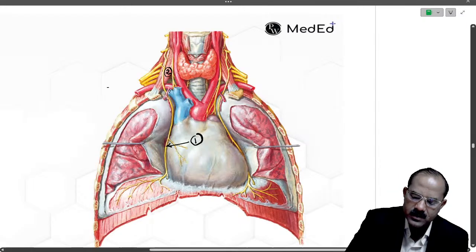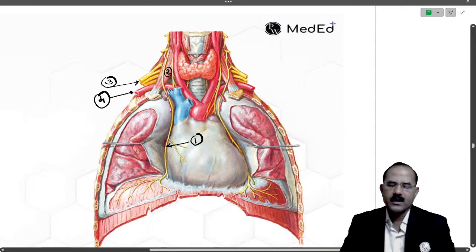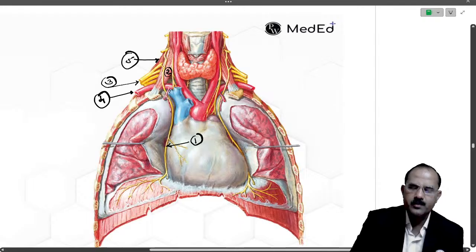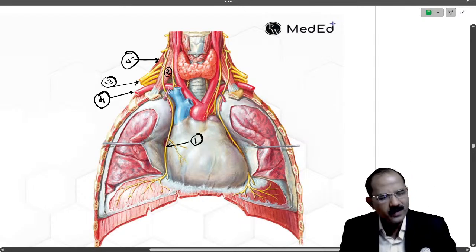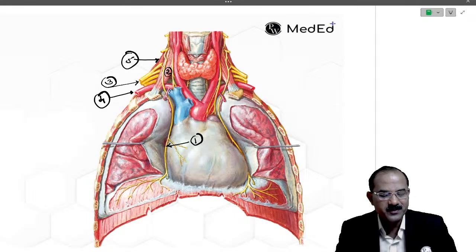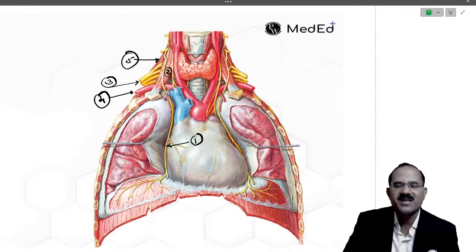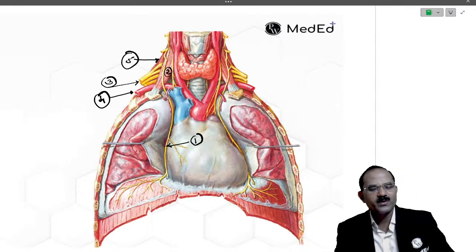Okay, what is this number 3? And what is this number 4? And what is this muscle number 5? If you know this, your concepts are clear. Number 2 is scalenus anterior. Number 3 is the brachial plexus. Number 4 is the subclavian artery. Perfect. And who's number 5?